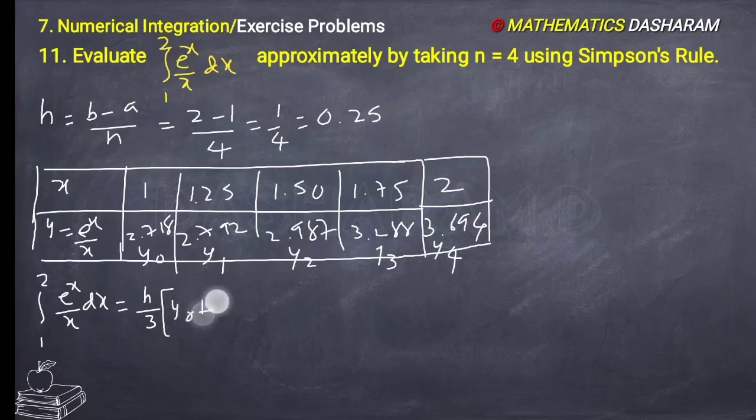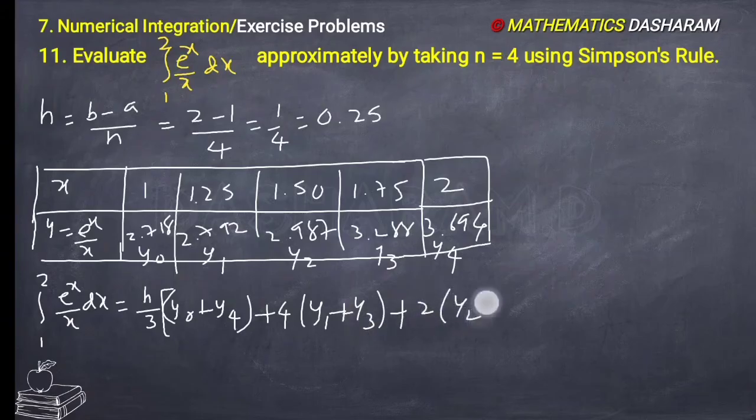So y0 plus y4 plus 4 into y1 plus y3 plus 2 into y2. Now substitute the values in this.